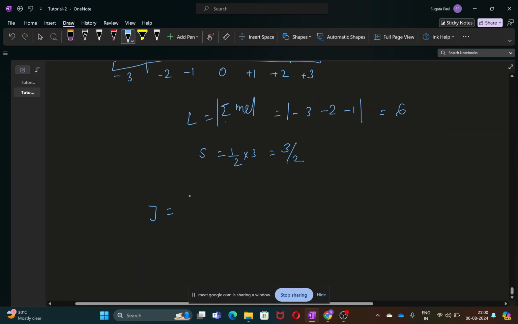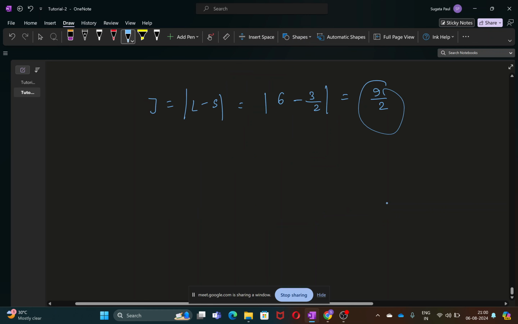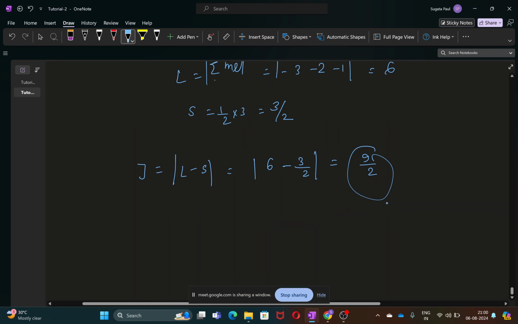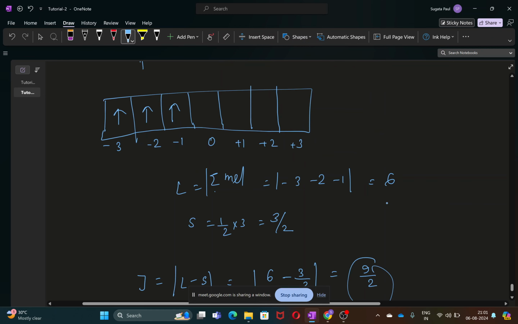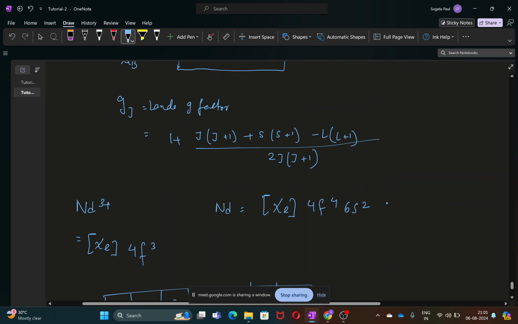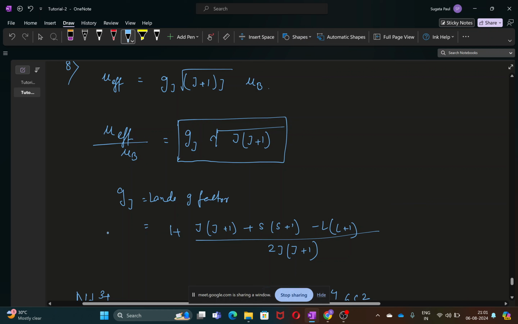So by following Hund's rule, your J is mod of L minus S, which is mod of 6 minus 3 by 2, which is 9 by 2. So you have got all the values of L, S and J. Now you just have to put the values in these formulas and you will get Gj and also this last value. So just use your calculator.